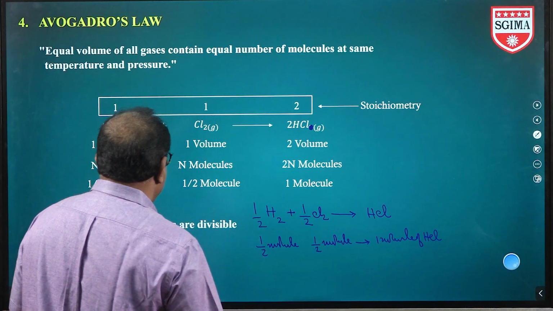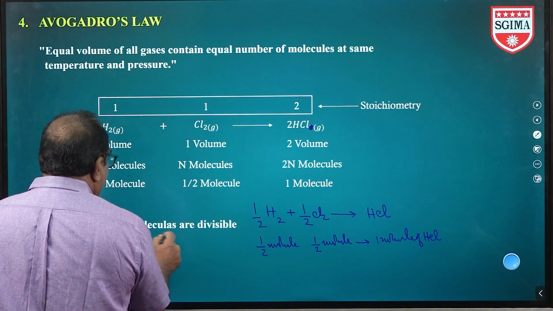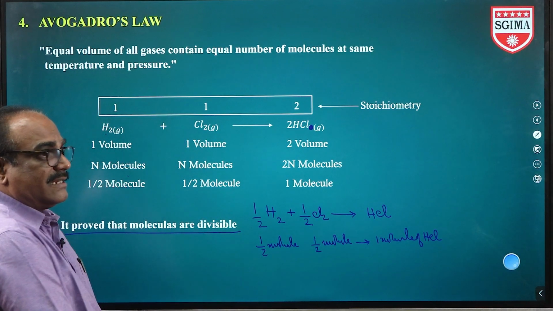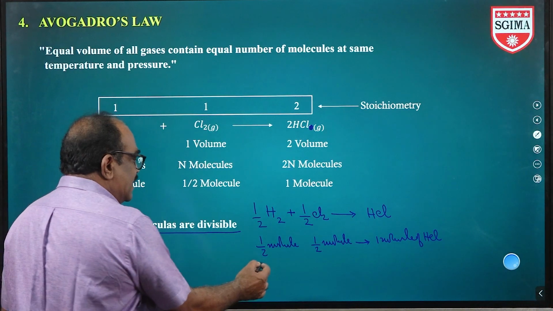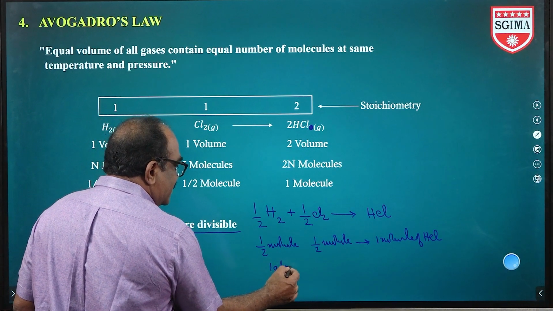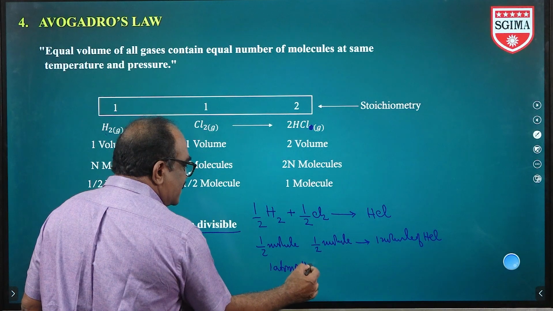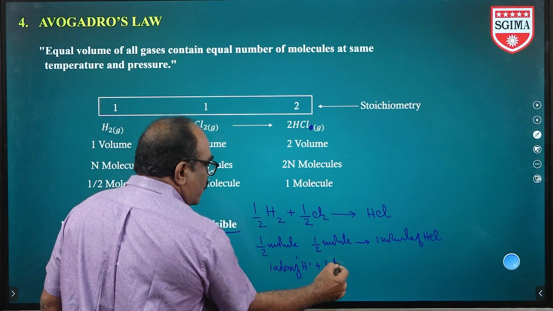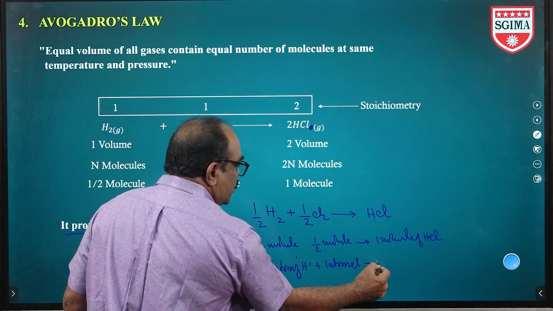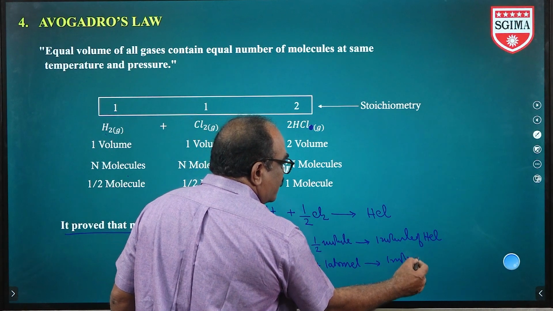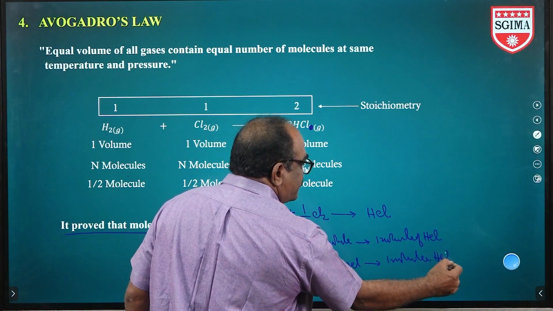So, this law made a proof that molecules are divisible. What is half molecule? Half molecule is nothing but 1 atom of hydrogen combined with 1 atom of chlorine to produce 1 molecule of HCl.